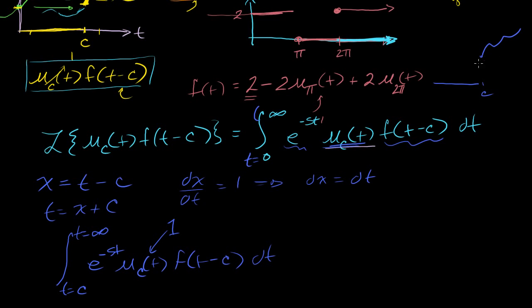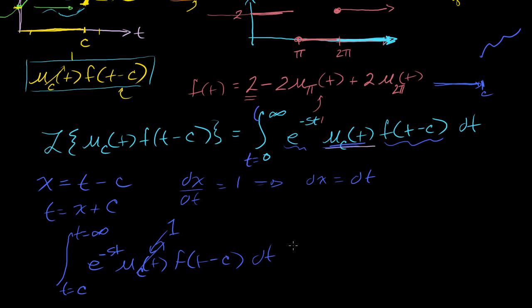So if we want to find the area under this curve, we can ignore all the stuff that happens before c. So instead of going from t equals 0 to infinity, we can go from t is equal to c to infinity, because there was no area before t was equal to c. So that's all I did here. And then the other thing I said is that the unit step function is going to be 1 over this entire range of potential t values. So we can just kind of ignore it, right?